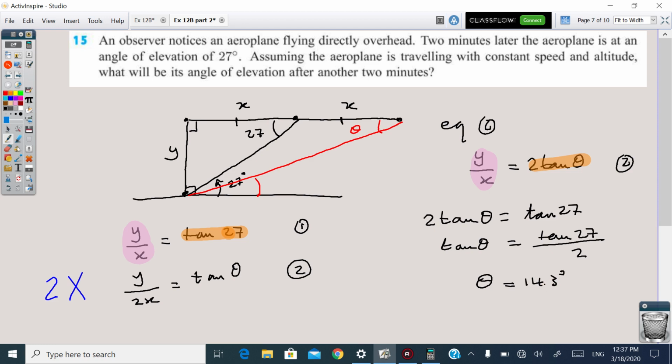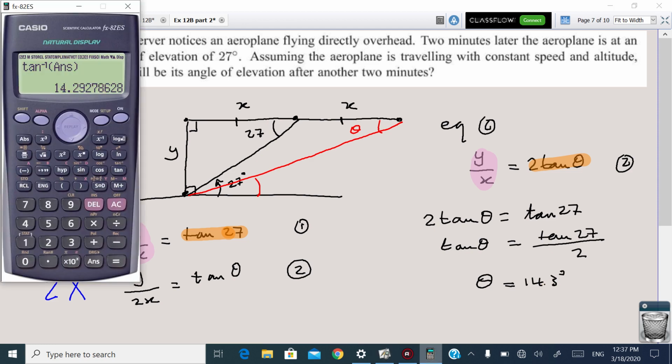I need to stress that another way of finding it is to say, okay, here is tan 27. We need to divide it by 2. This is the 0.254. This is tan theta. And then to go from tan theta to theta, shift tan of the answer. And here you have your 14.3 degrees.